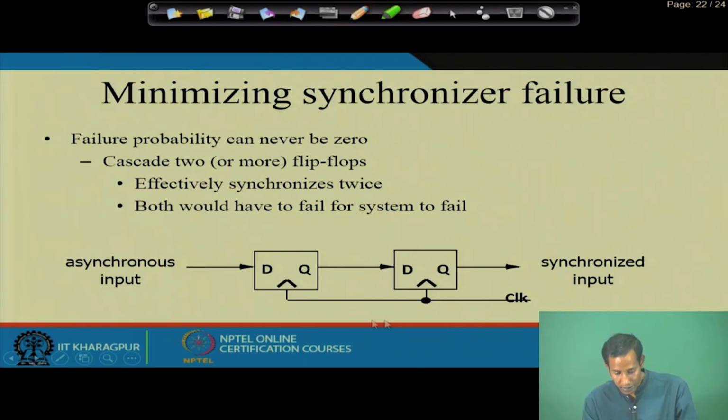So, while we are doing this clock domain crossing, we use this kind of synchronizer circuit to minimize synchronization failure, since, as we have already said, the real world inputs are mostly asynchronous in nature.